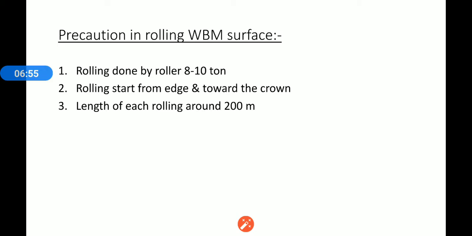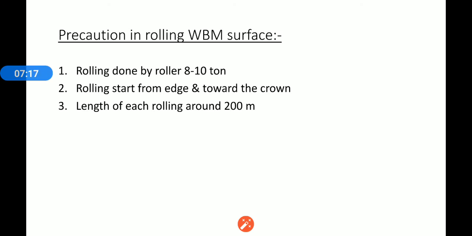Next one, rolling should be started from the edge and continue toward the crown. Next one, there should be an overlap between successive rolling strips. Next one, the length of each rolling should be around 200 meters.